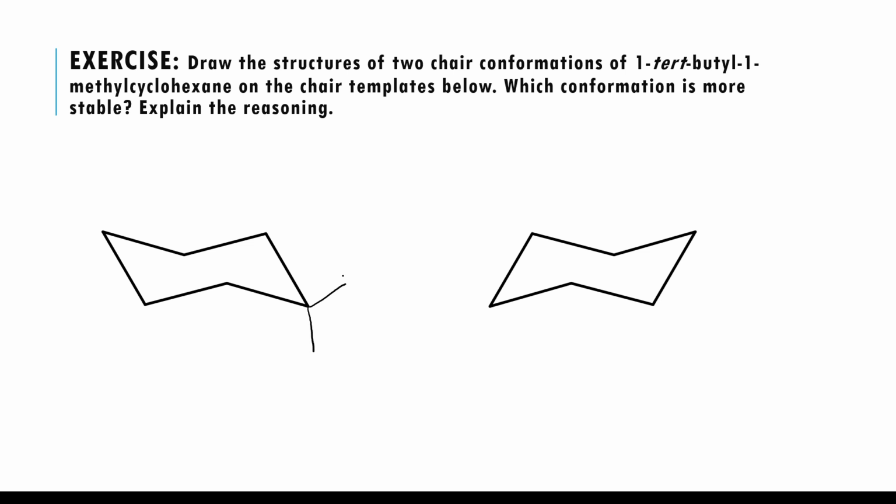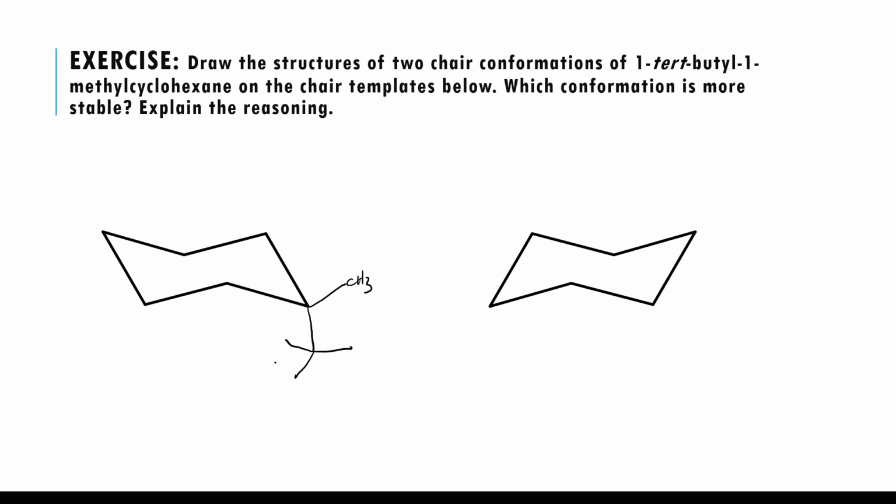In the first instance, I'm going to choose the methyl group on the equatorial position and the tert-butyl group on the axial position. So I'm going to draw tert-butyl like this.